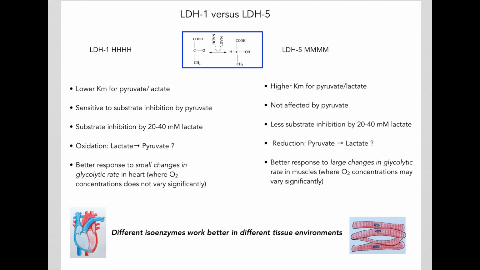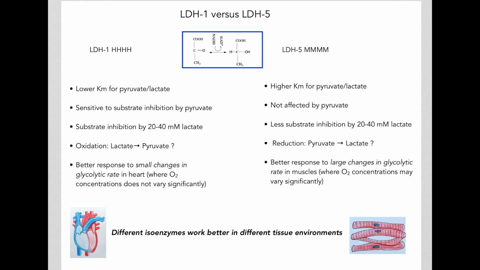Let's compare LDH1, or the H4 isoenzyme that is very rich in the heart, with LDH5, or the M4 isoenzyme, which is predominant in skeletal muscles, in order to appreciate the differences as well as the similarities between isoenzymes.